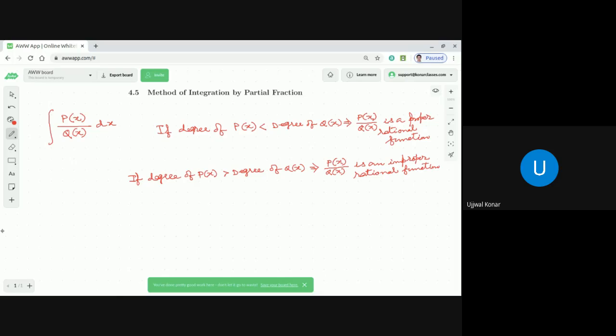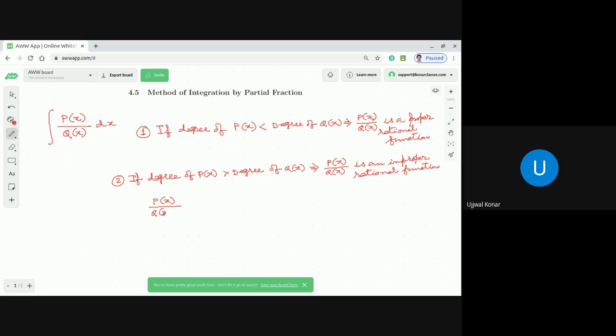Now let's consider, this is case 1, and this is case 2. When the degree of p(x) is greater than the degree of q(x), how can we write p(x) by q(x)?